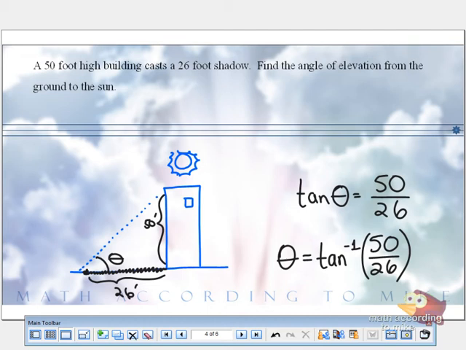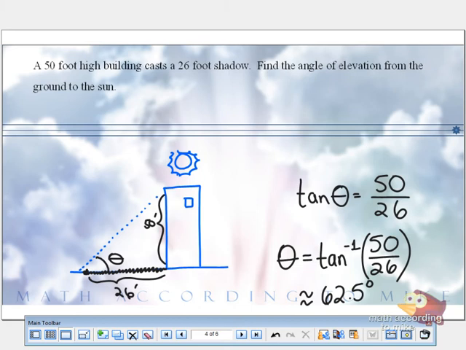Which decimal place is it? One's good. What do we get approximately? 62.5 degrees. Hooray.